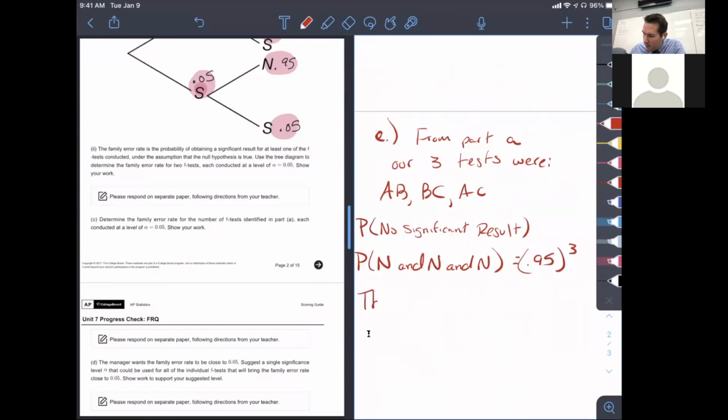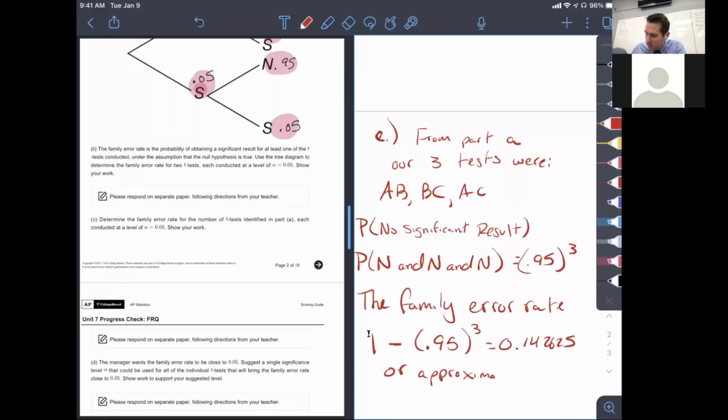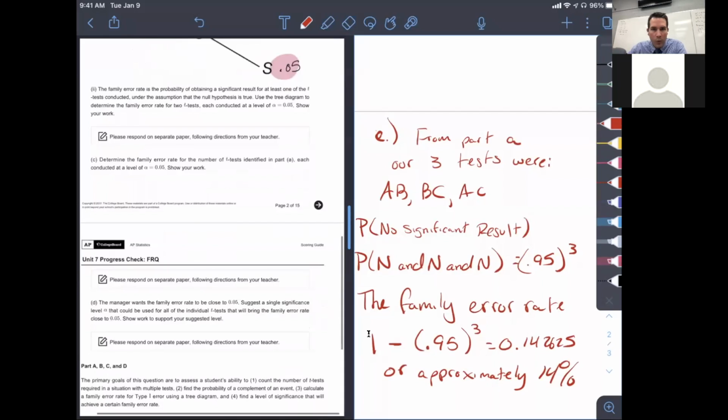So the family error rate would be 1 minus 0.95 to the 3rd. Well, if I just type that into my calculator, I will get 0.142625, or approximately 14%. And you can see how these questions are starting to build on one another so that we see what's going on.